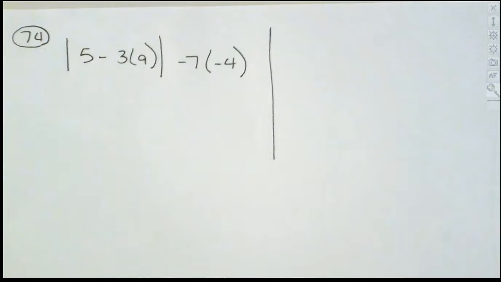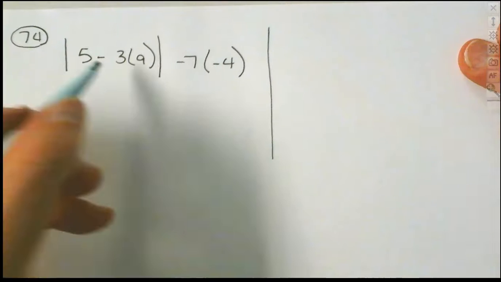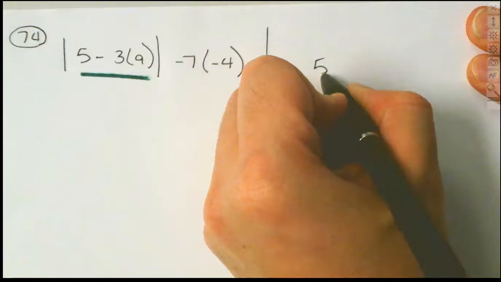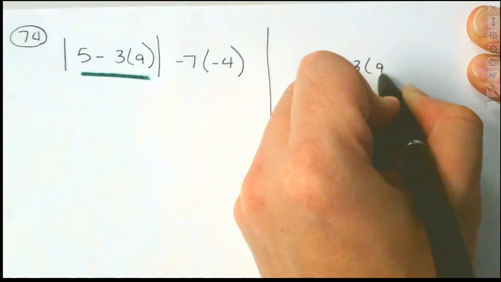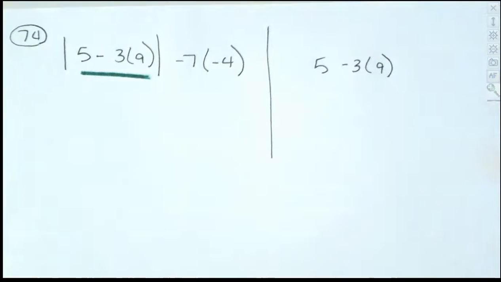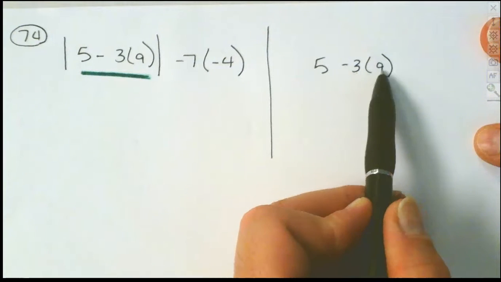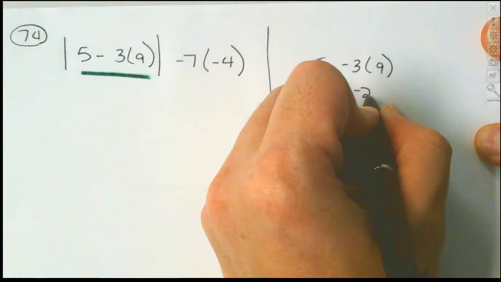We're going to go ahead now and work inside the absolute value. So let's write up on the right-hand side what's inside of our absolute value. So that's what we've got, and we're going to go ahead and work with it. Multiplication first. So minus 3 times 9, that makes it a minus 27.